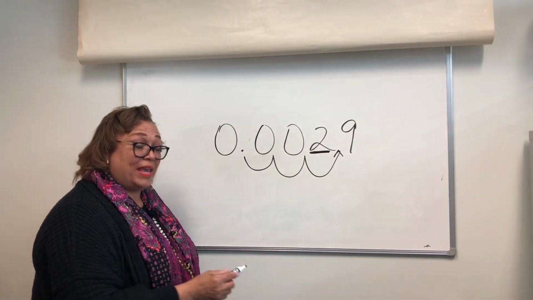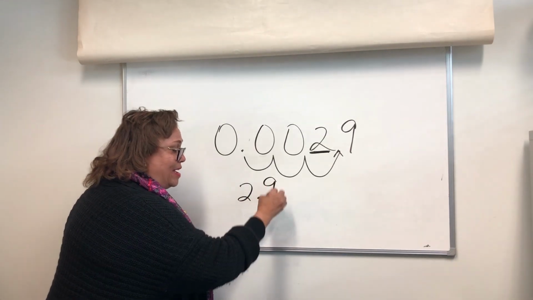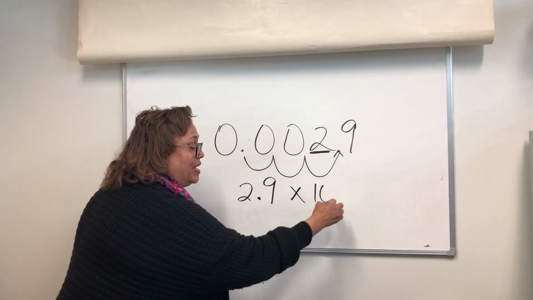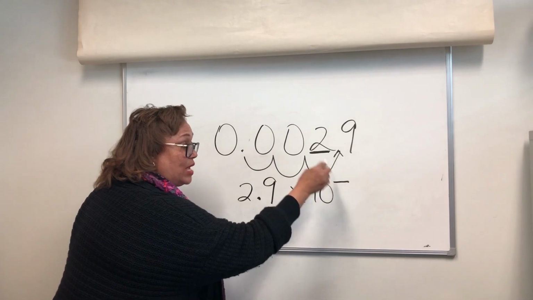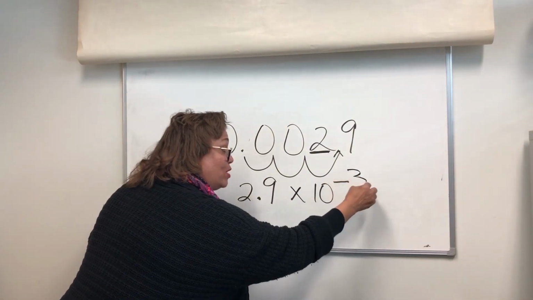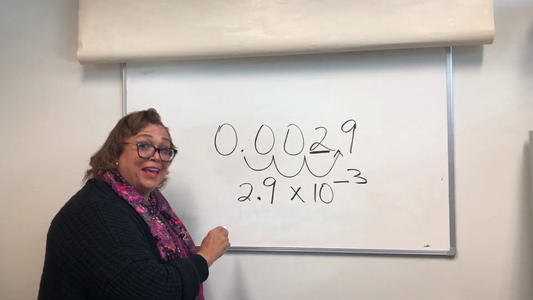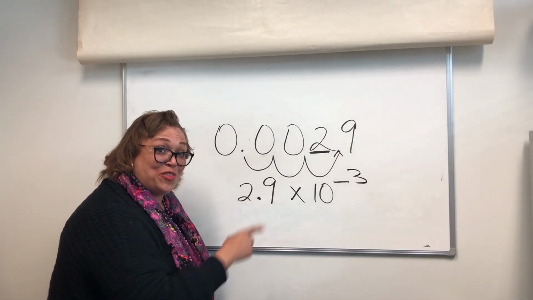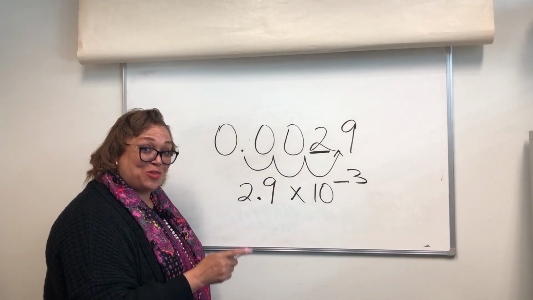And now we can make it 2.9 times 10 to the minus moves. How many moves did we make? We made bouncy, bouncy, bouncy. That's 3. So it's 2.9 times 10 to the negative 3. All right, now let's try a few more in a moment.